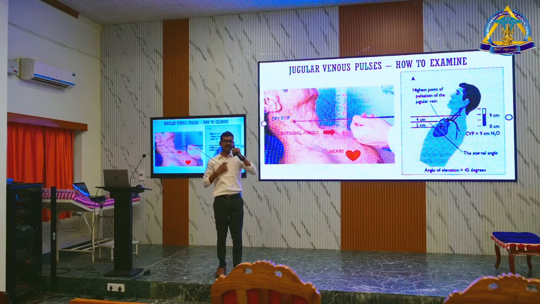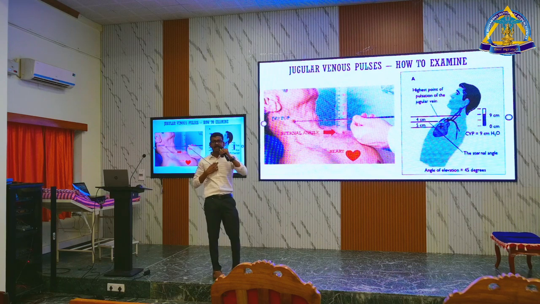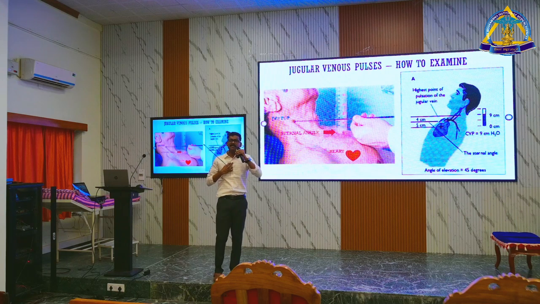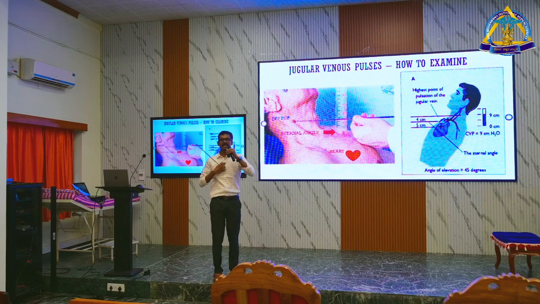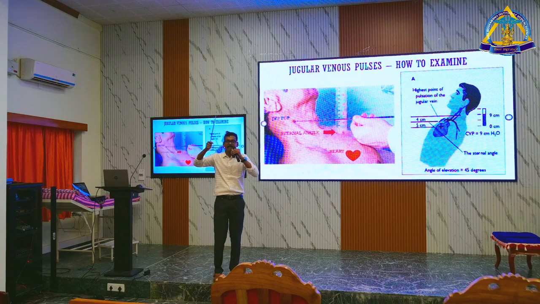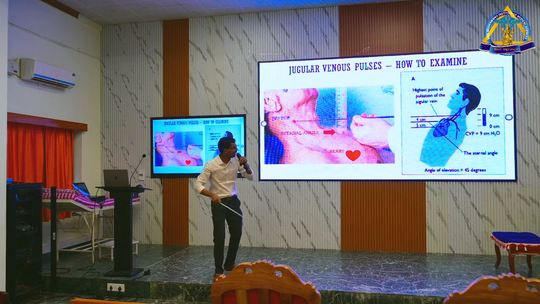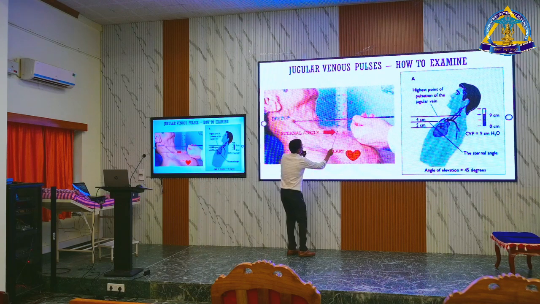You see that the sternal angle and something called the phlebostatic axis of Birch, which I have not mentioned here. It's a static point of the right atrium, which is always 5 centimeters below the sternal angle. So this is the right atrium, 5 centimeters below the sternal angle.